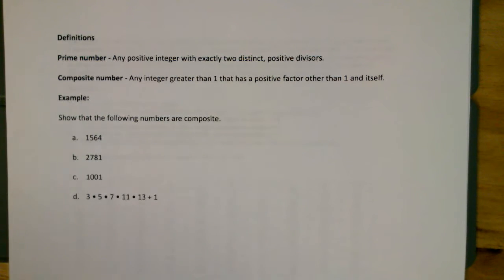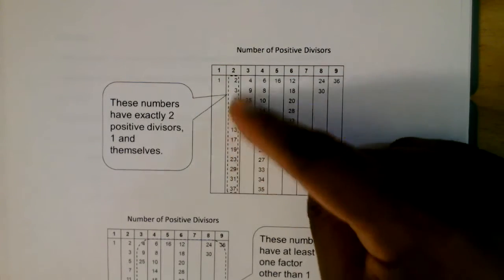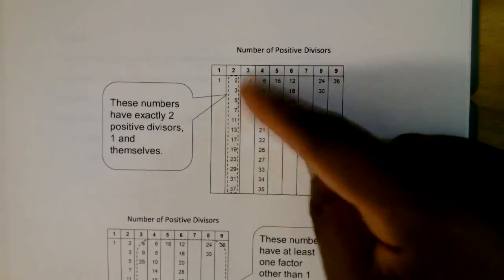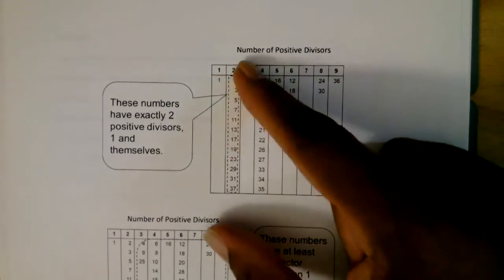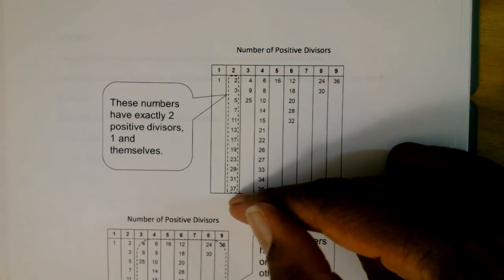And here are their definitions. A prime number is any positive integer with exactly 2 distinct positive divisors. The column that I just showed you only has numbers with 2 positive divisors. Now, this is only up to 37, but there are more prime numbers.